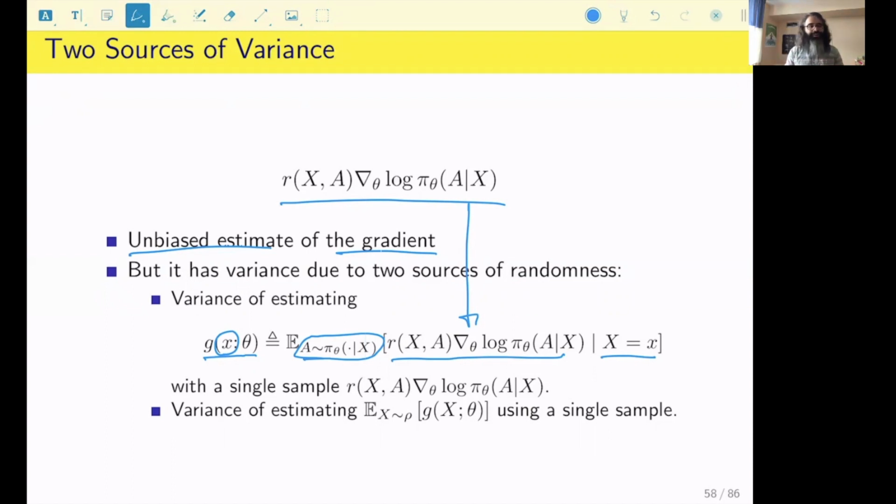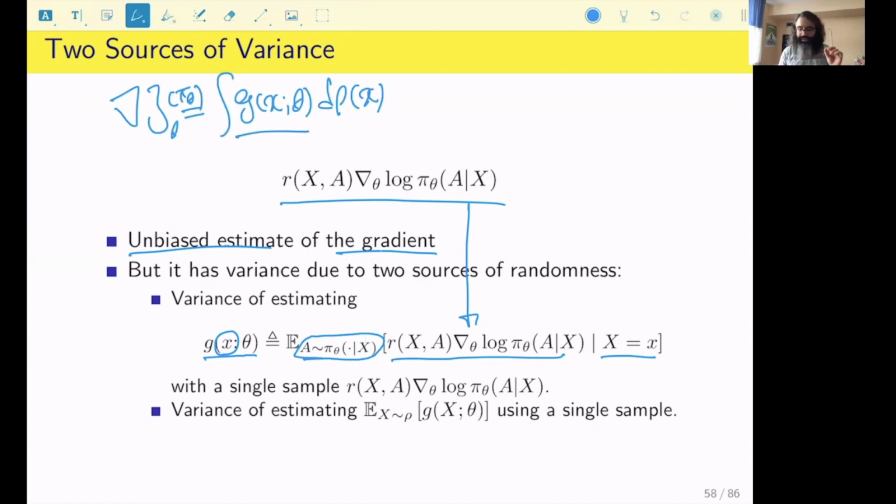And then if we take the integral of this, the policy gradient would be g of x and theta, d rho of x. So this is the gradient for a single state x, weighted at different states according to rho. One source of variance is that we are trying to estimate this g of x using a single sample here. This introduces some variance.